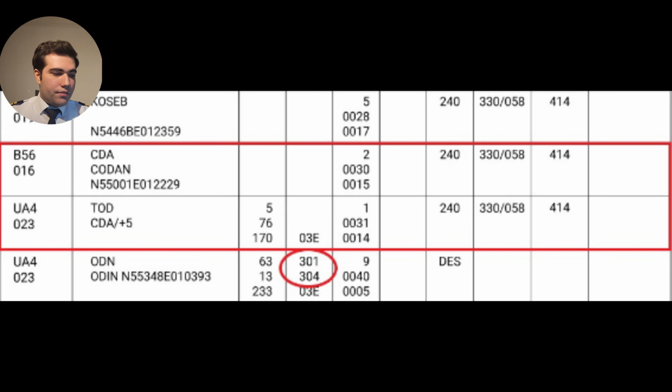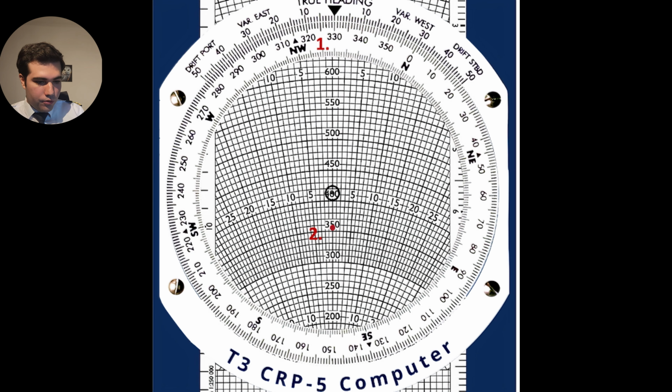So basically what we have to do is take out our flight computer once again. You want to put it on 414. Probably you will be using your high-speed flight computer, so it's the other side of the chart here, and you would like to put it to 58 minus 414.